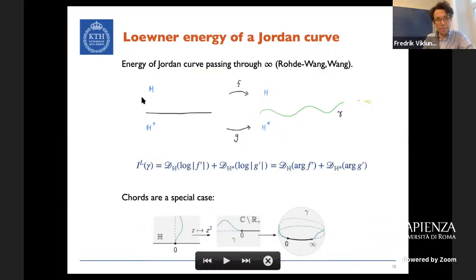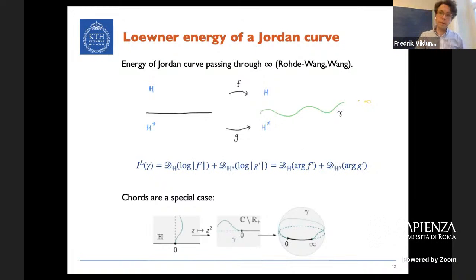And then there is a conformal map from the upper half plane onto one of the sides, let's call it H. And there's another conformal map from the lower half plane mapping to the lower side, and they are both fixing infinity, say.